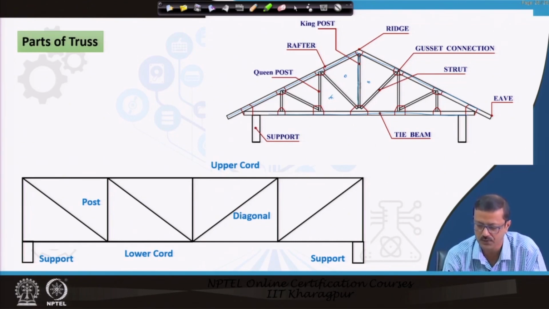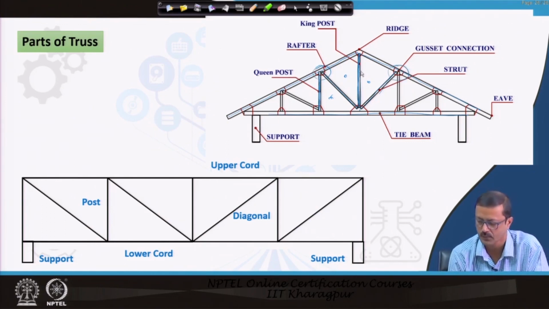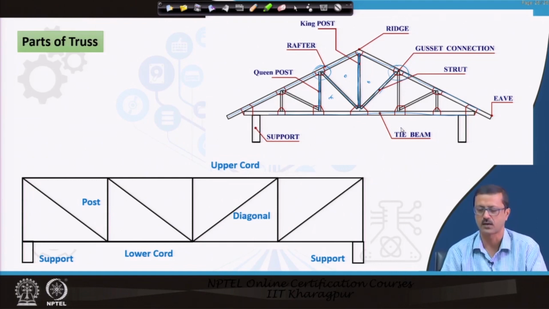So, this is the king post, the highest vertical member, then this is the queen post, then these inclines are called the struts. There are gusset plates for the connection, we will discuss the details in the fourth lecture, and those are the supports and all.